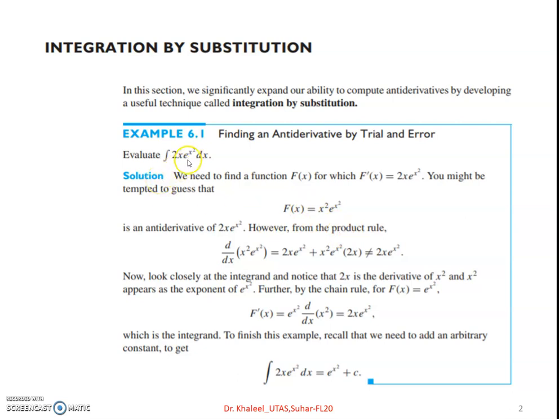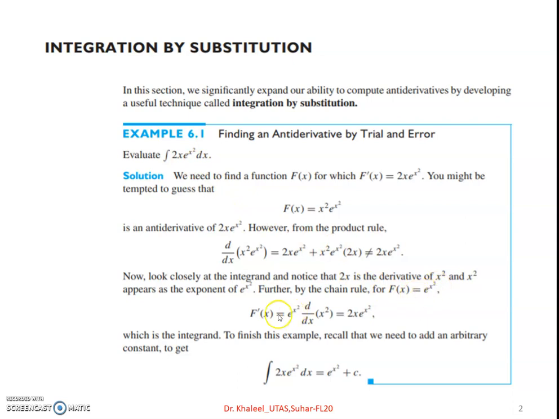So we use another guess. This time, look at the integral very carefully. The power of e is x square and the other factor is 2x. If you differentiate x square, you get 2x. That means one term is the derivative of the other term. So this time I will assume f of x as e to the power x square.